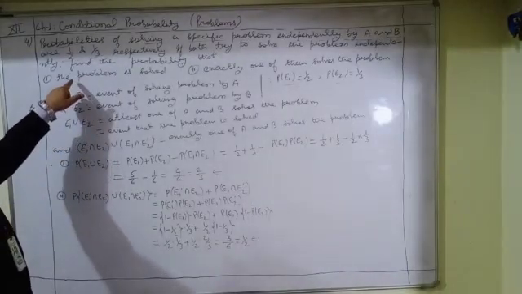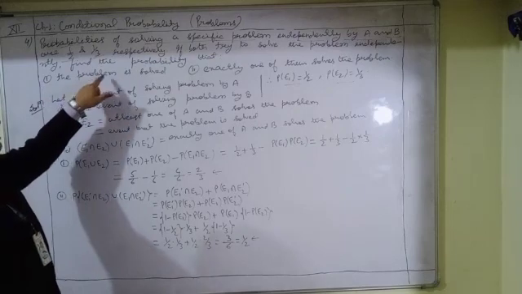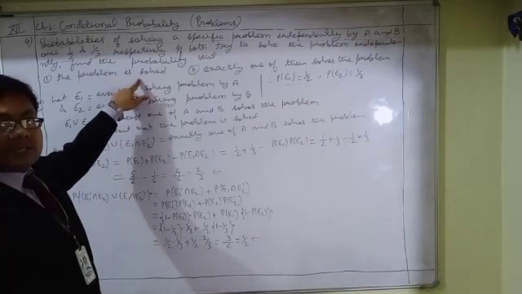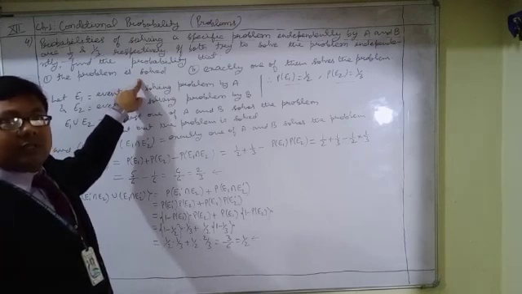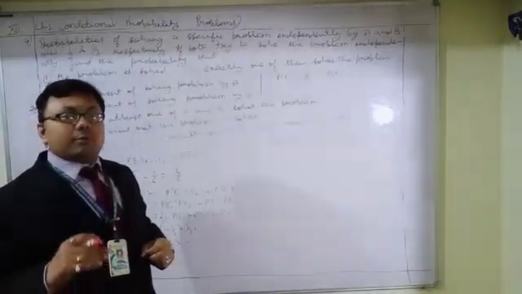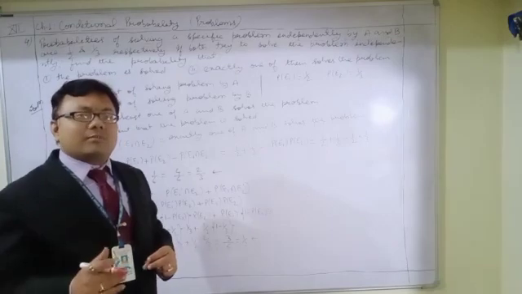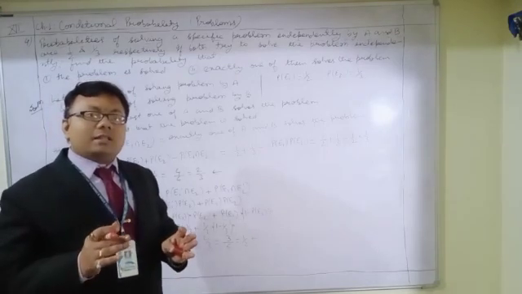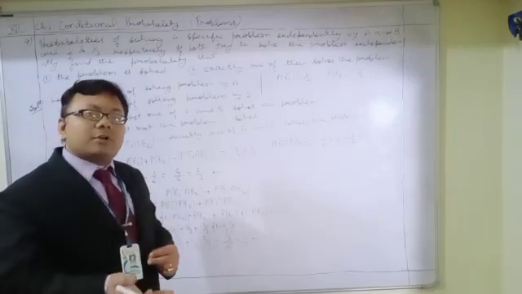Then the event that the problem is solved. How can we represent this demand of the question in terms of events? Probability of solving the question stands for the case that either A or B or both of them solve this question.